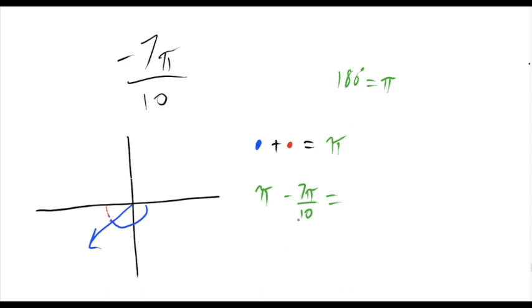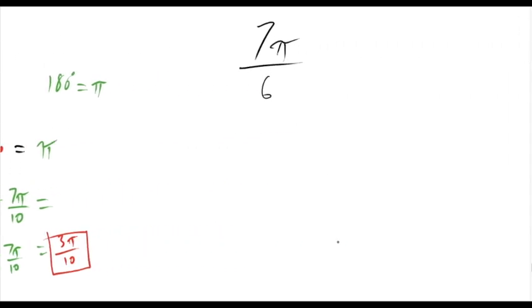Again, I need the common denominator, so this is just 10 pi over 10 minus 7 pi over 10, so that equals 3 pi over 10. So that reference angle is 3 pi over 10. Again, I'm just trying to find out the angle that it keeps making. So let's try one more.